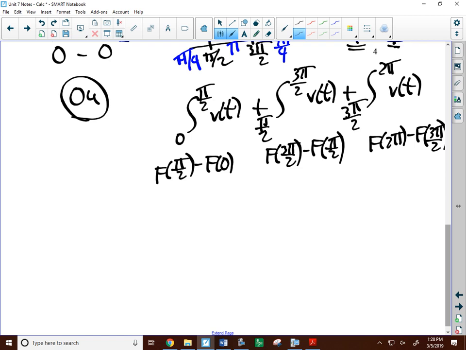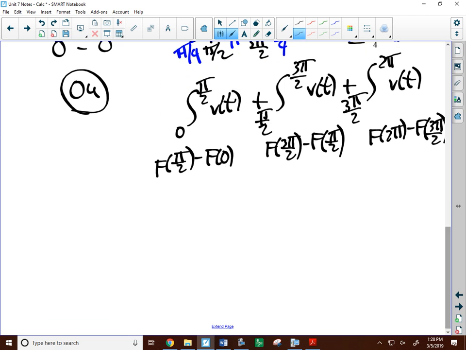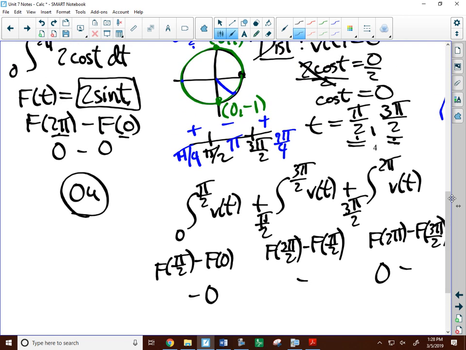Let's see. I knew 0 and 2 pi, we already did them. It was 0. So this one's going to be minus 0. This one we need both of those still. F of 2 pi, though, we know is 0. So all I need to compute is f of pi over 2 and f of 3 pi over 2. So let's go back up.